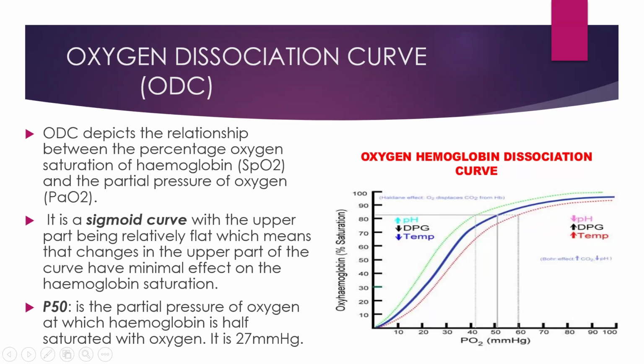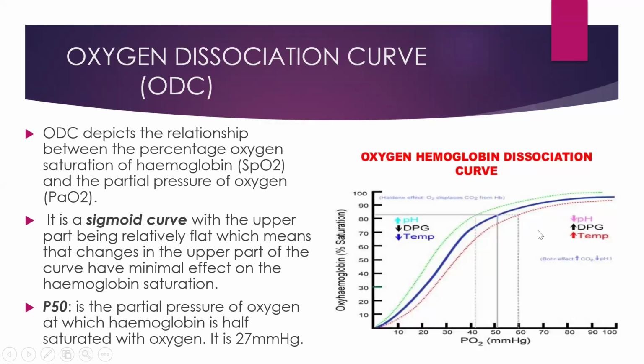It doesn't matter how much oxygen is dissolved in plasma, you're not going to be able to raise the SpO2 more. And on the steep side, a small increase in PO2 leads to a large increase in SpO2. So it's very important for us to appreciate this sigmoid shape of the oxygen dissociation curve.